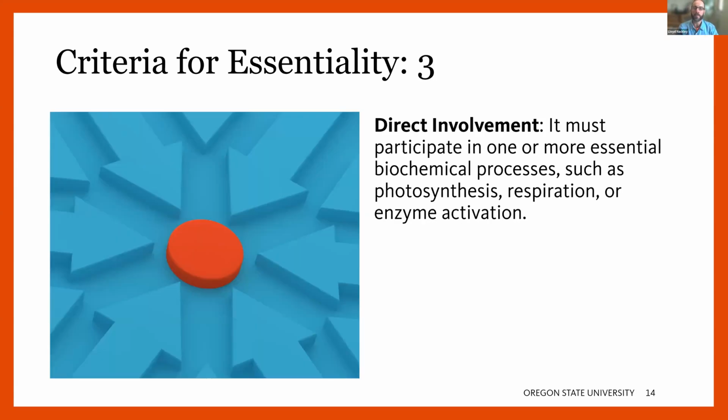And the third one is direct involvement. That means that the element must participate or be involved in essential biochemical processes, such as photosynthesis, respiration, enzyme activation, any of these processes that are essential for the plant to grow and develop.